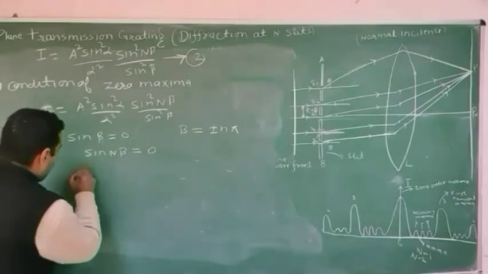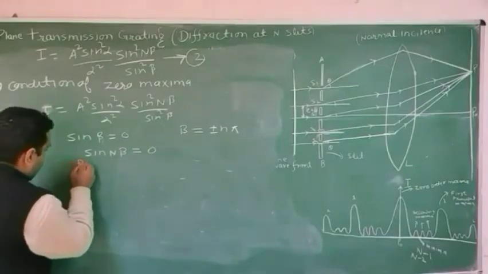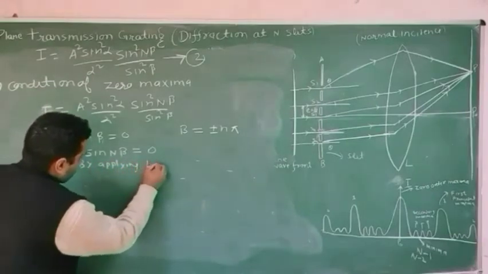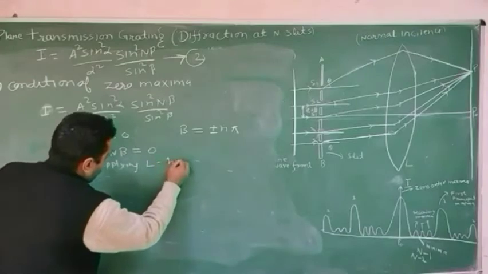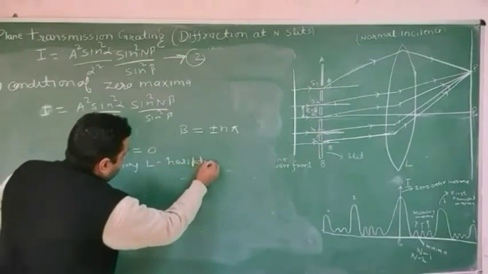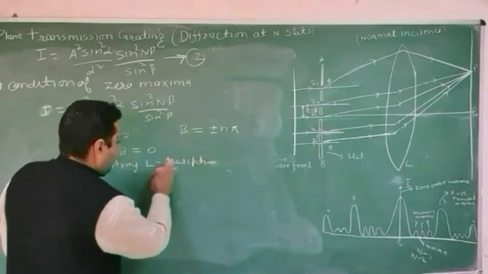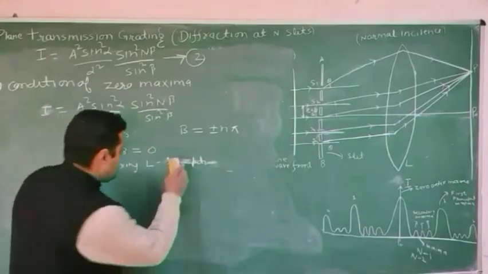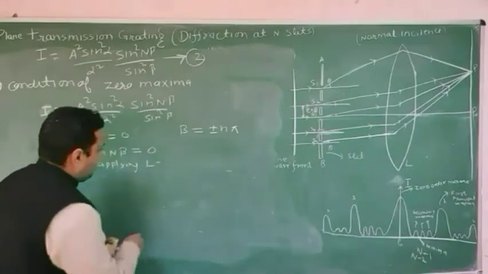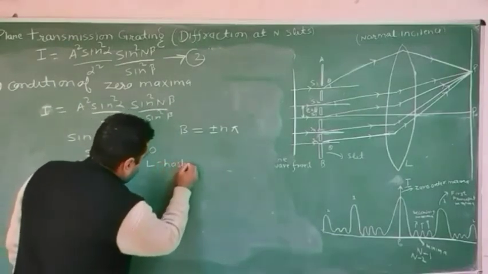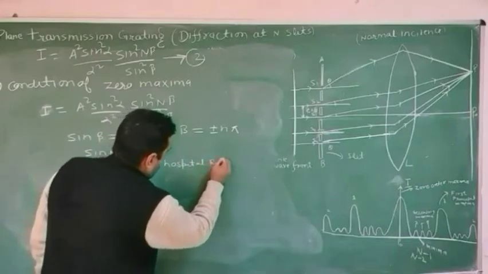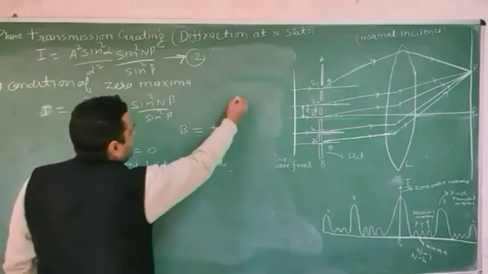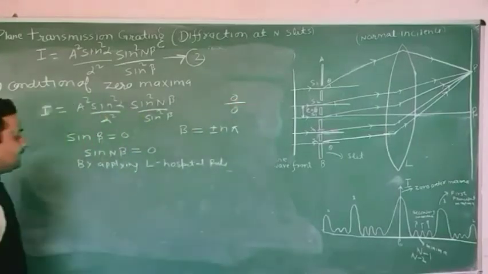Now the resultant we find by applying L'Hospital rule. Why do we need that? Because if sin beta is 0 and sin N beta is 0, that is 0 by 0, which is indeterminate.